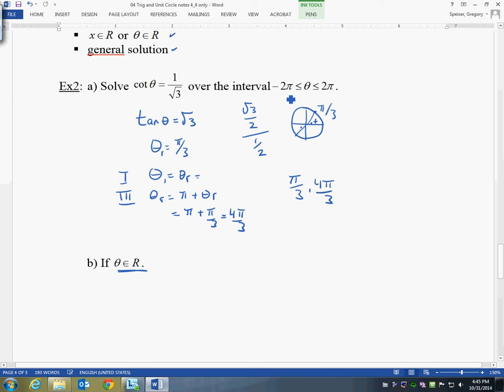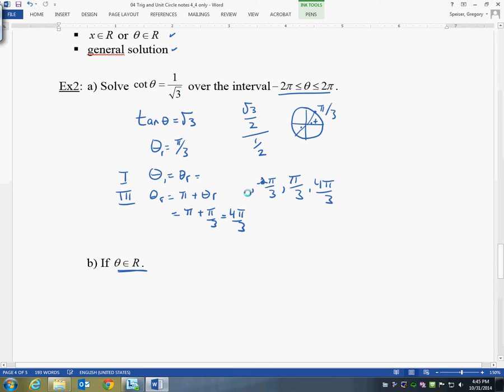Oh, let's check my interval. I have to include a couple more here. It's not just over the first positive rotation, it's also in the negative rotation. So if I'm going in the negative direction, this would be 3 pi over 3 minus that pi over 3. So that would be minus 2 pi over 3.